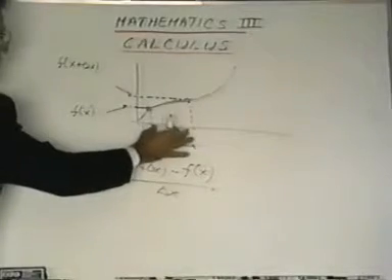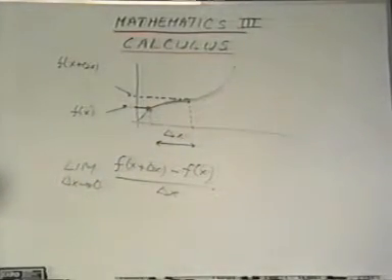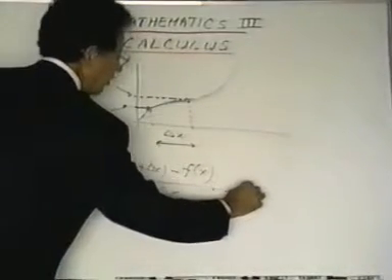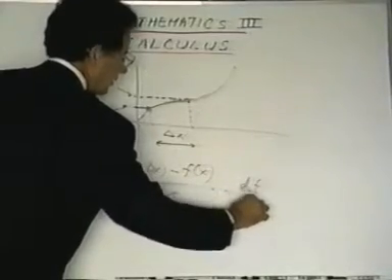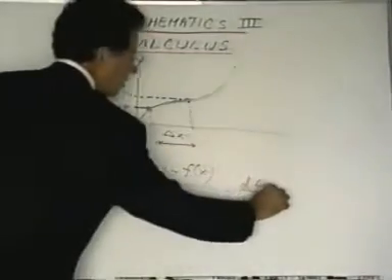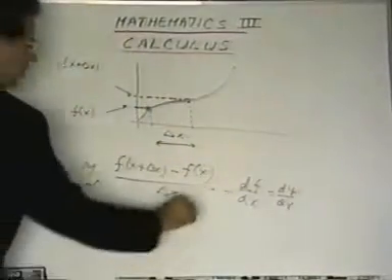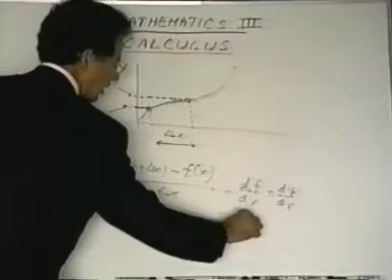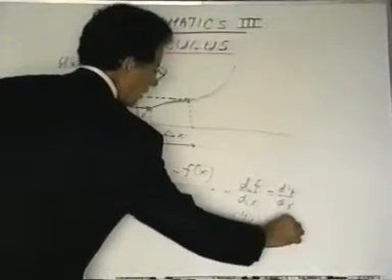As this becomes smaller, we approach the derivative, which we often write as df dx, or sometimes dy dx, or sometimes f prime of x, or sometimes y prime of x.